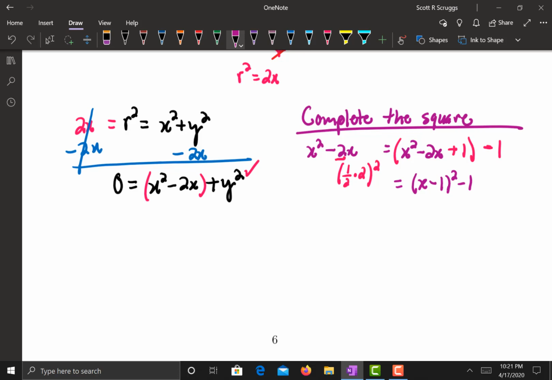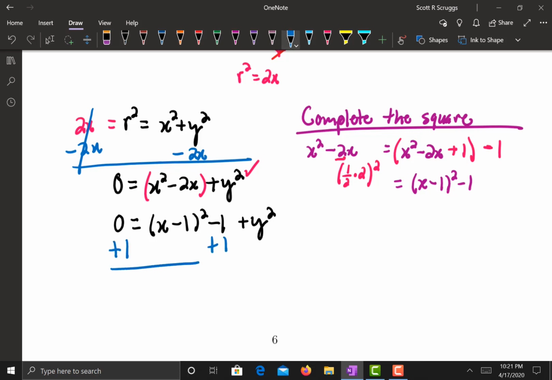So that is x minus 1, all of that squared, and then a minus another 1. So back to our work, we should have now x minus 1 squared minus 1 plus y squared equals 0.